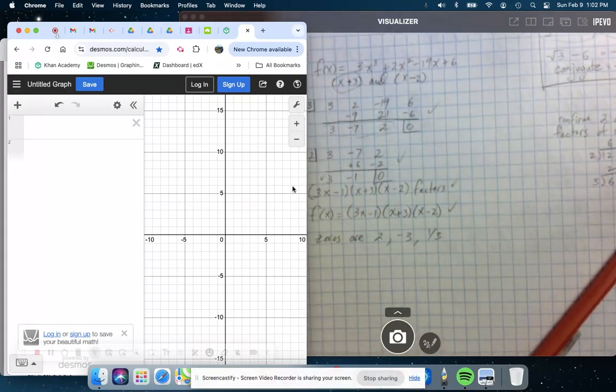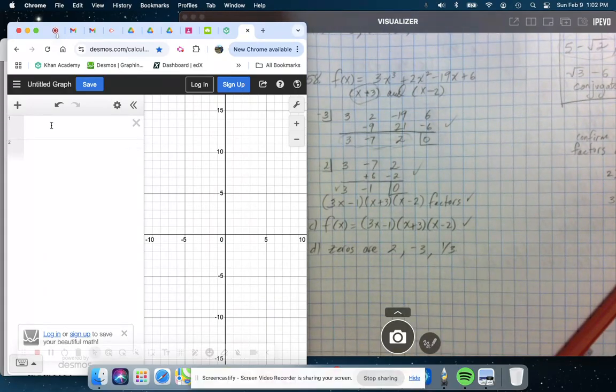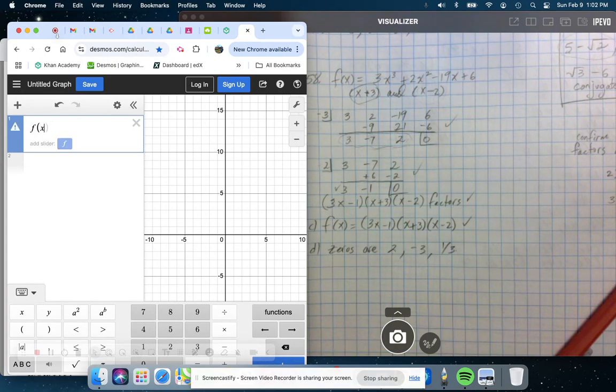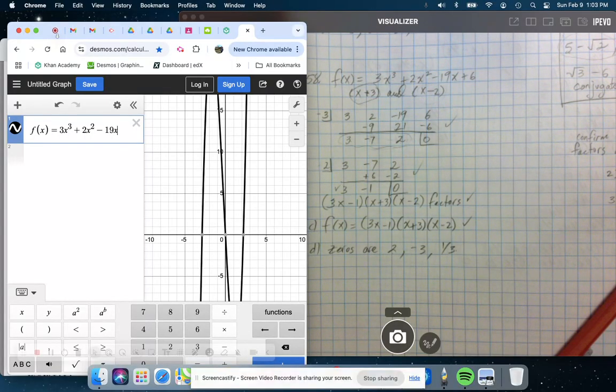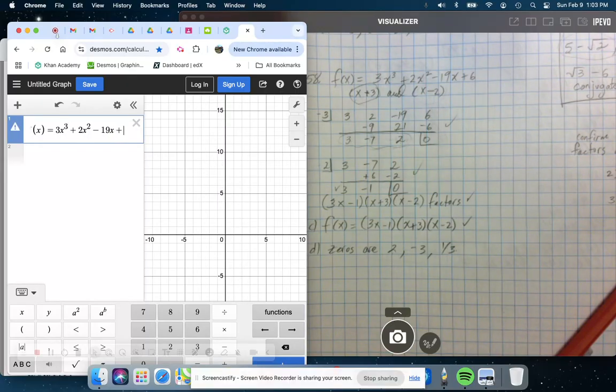So y equals 3x raised to the third plus 2x squared minus 19x plus 6.